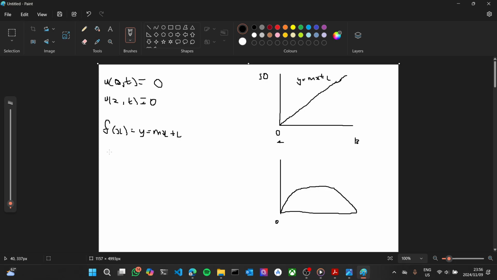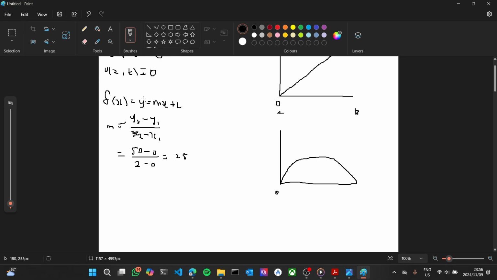Alright, so the first thing we want to do here is to find our gradient, and that is going to be m is equal to y2 minus y1 divided by x2 minus x1. Okay, so that will be 50 minus 0 divided by the length of the bar 2 minus 0, which gives us 25.